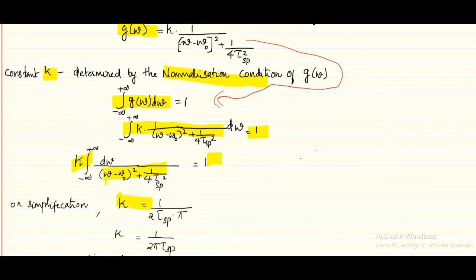On further simplification, we get k equals 1 by 2 pi tau sp.